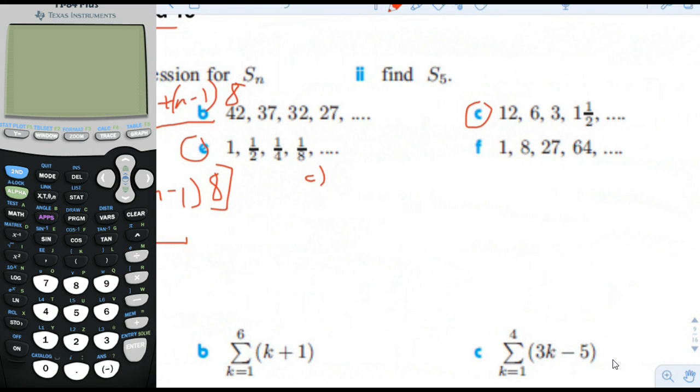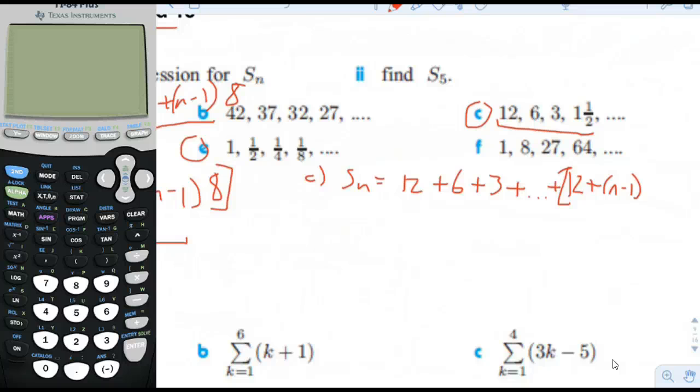Okay, so C, we're going to start with 12. So S sub n is equal to 12 plus 6 plus 3 plus dot dot dot, and then it goes all the way to the general term. In this case, it's a geometric sequence.